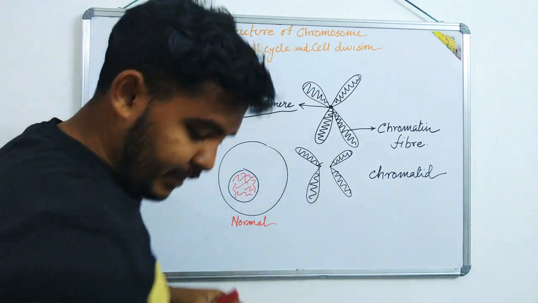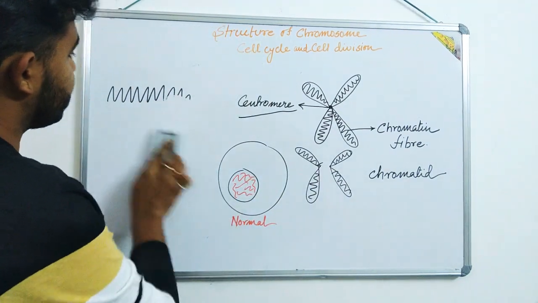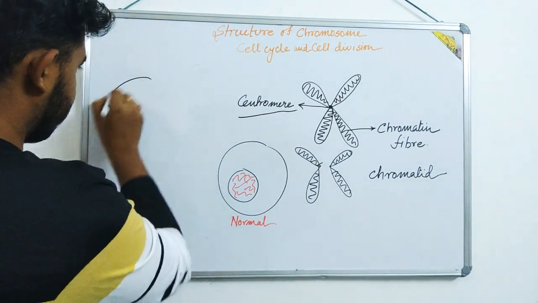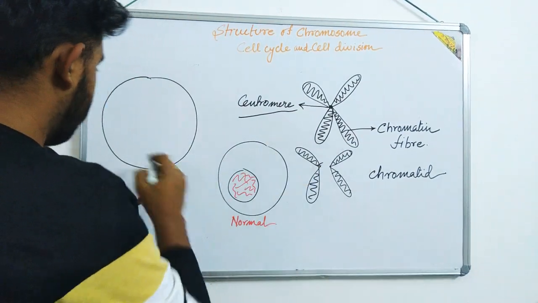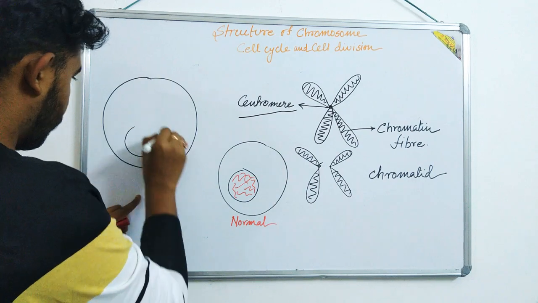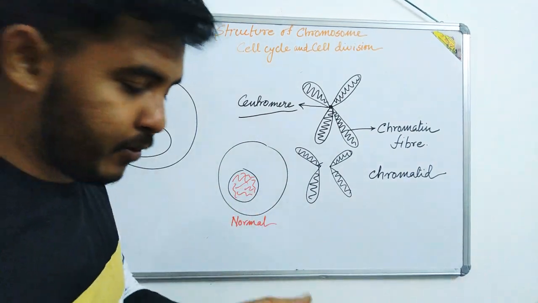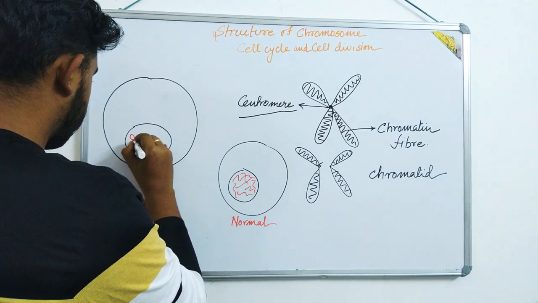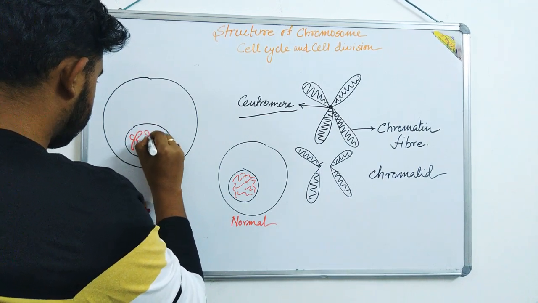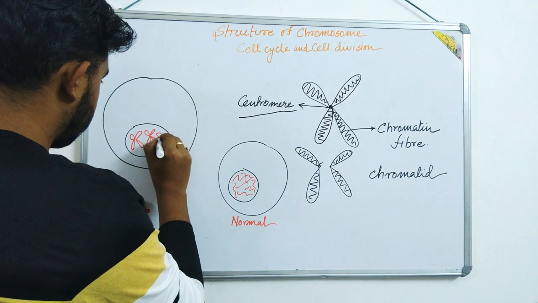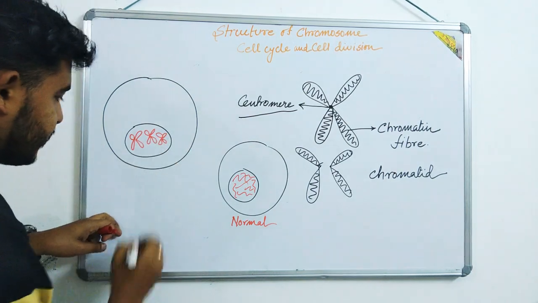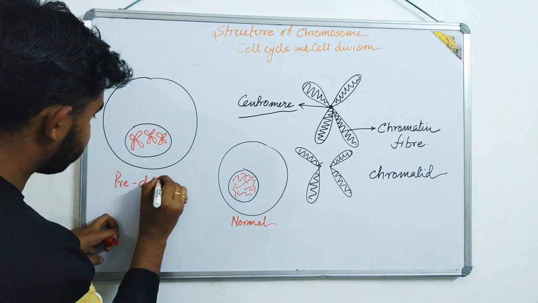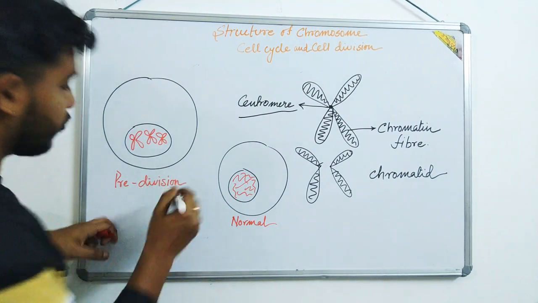What happens in the next stage? When this cell is ready for division, the same cell actually becomes quite bulky. This chromatin fiber comes together, they get coiled and form this, just before division.